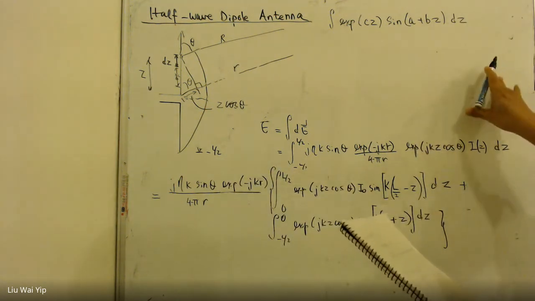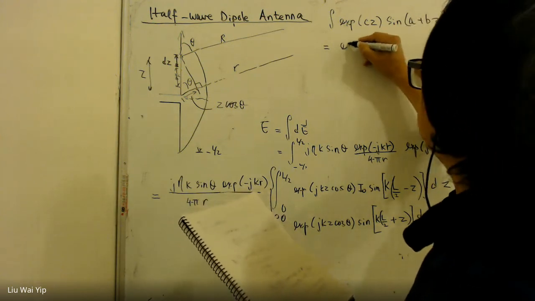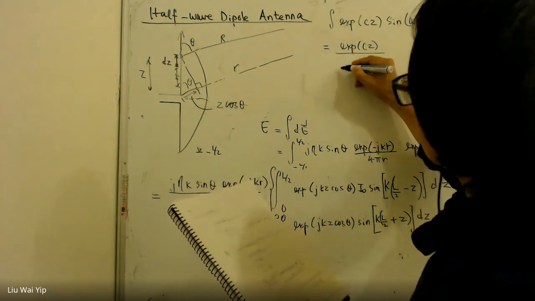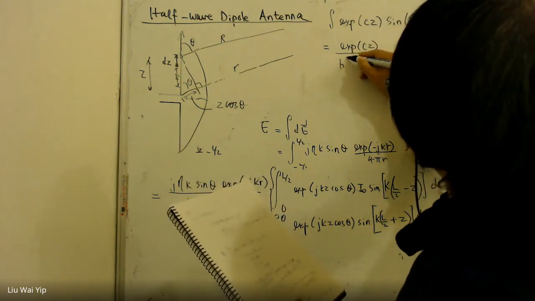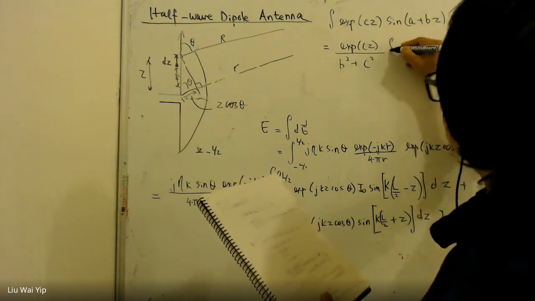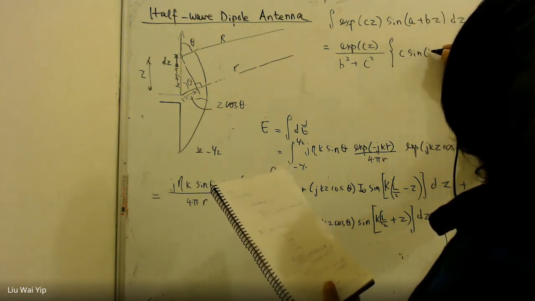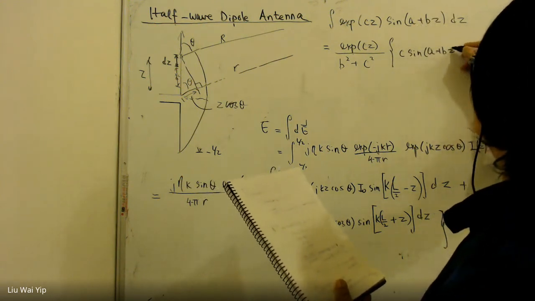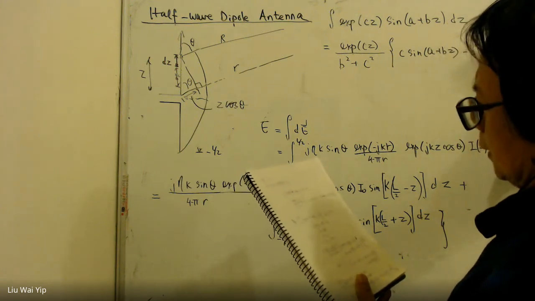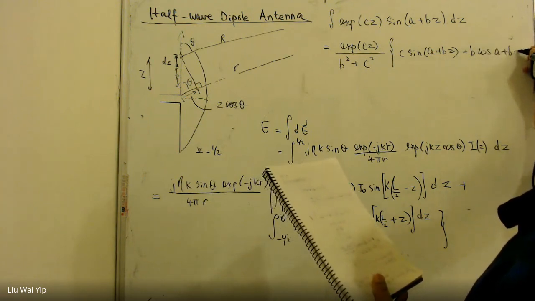The outcome of this integral is going to be B square plus C square and C sine A plus BZ and then minus B cosine A plus BZ.